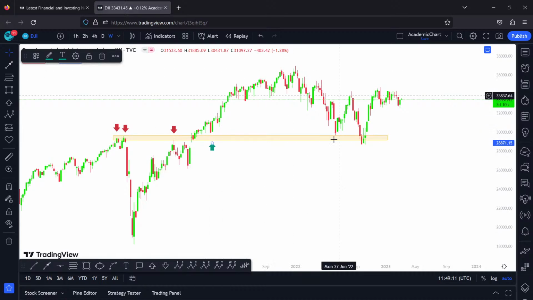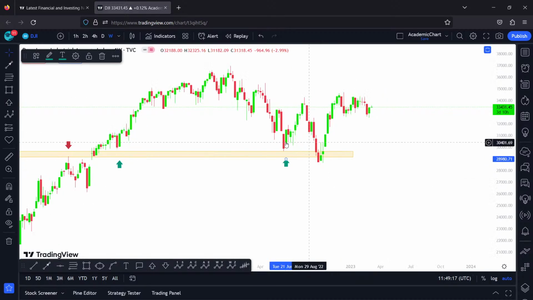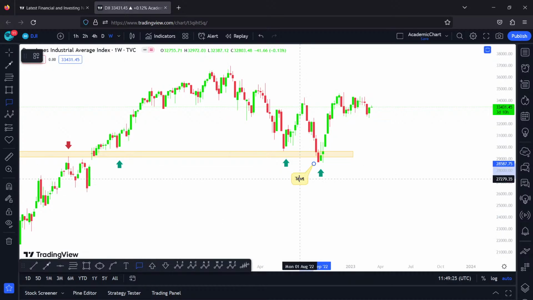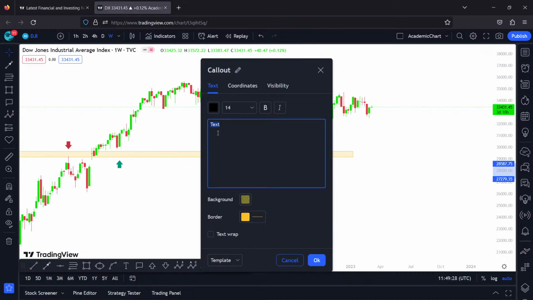It went up. When it reached that point again, it did the same thing. Again, it bounced, but when it reached out, it seems that we had some sort of, again, fake out here. Same situation as we saw in the dollar index. It was an end of correction.